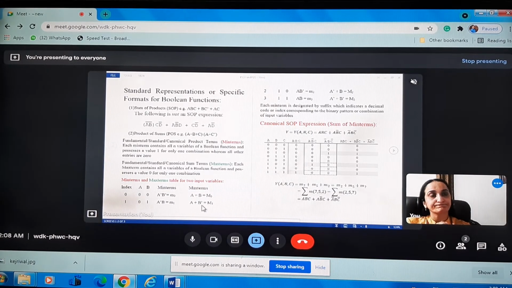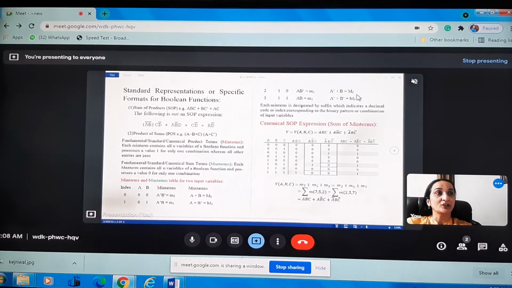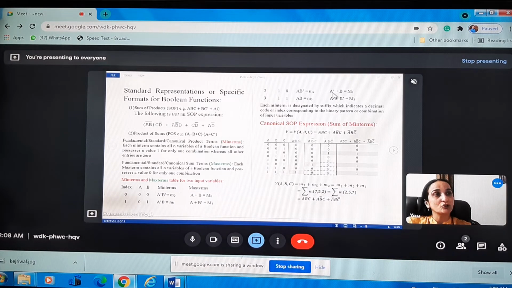M1: when all its inputs are 0, A should be 0 and B bar should be 0, so that A is 0 and B is 1. Similarly, A bar plus B is M2, then A bar should be 0 and B should be 0, so that A is 1 and B is 0.